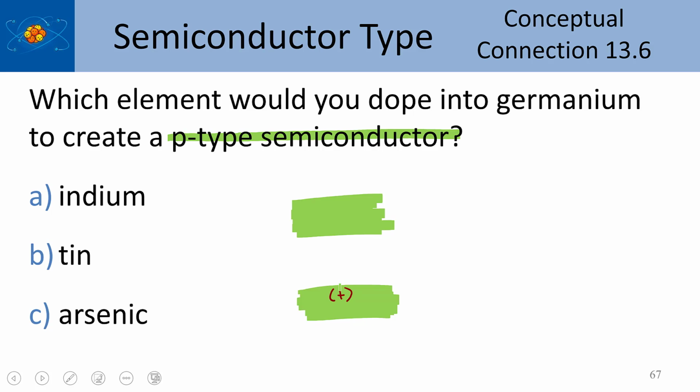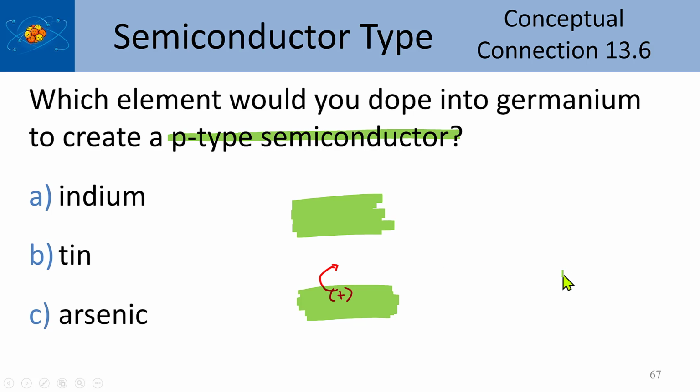In order to do that, I've got to take an electron out of here and put it into an element that has an energy in between the valence and conduction bands of germanium. So what kind of element would fit this criteria? And it would have to be something that is electron deficient.